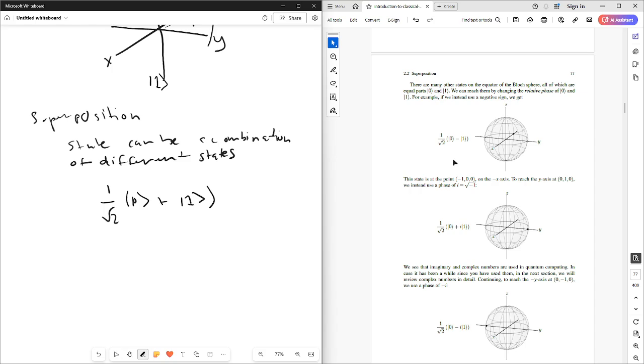So if we want to move to other states on the Bloch sphere, then we can simply apply a relative phase.